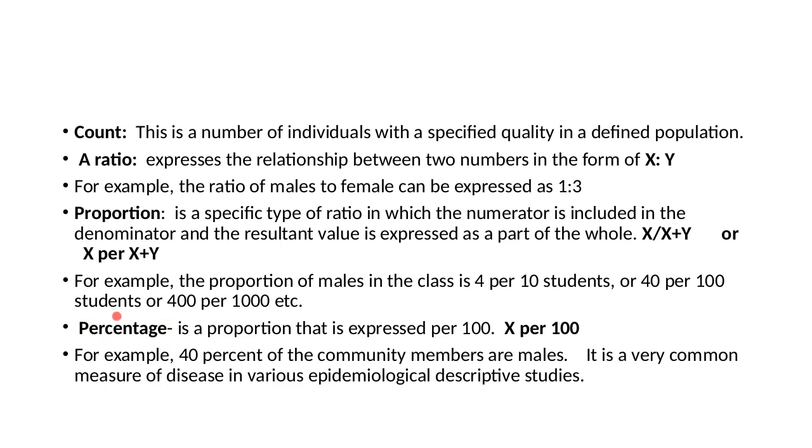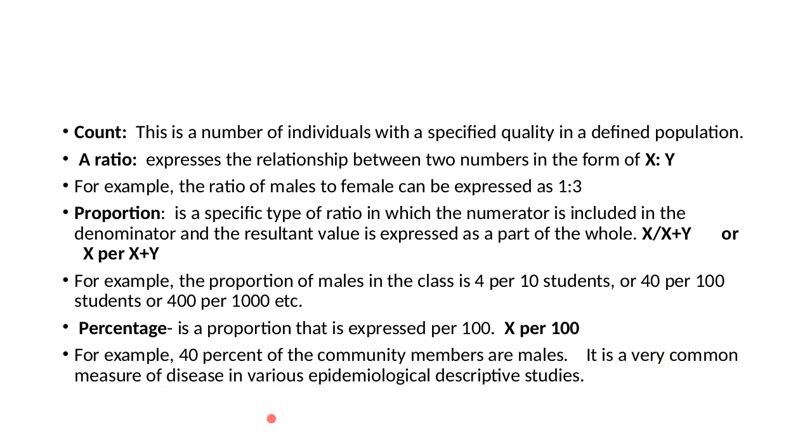So the next method is percentage, and it's the proportion that is expressed per 100. So percentage is an example of a proportion, but a special proportion because it normally expresses the data per 100 or in percentages. So for example, 40% of the community members are male.